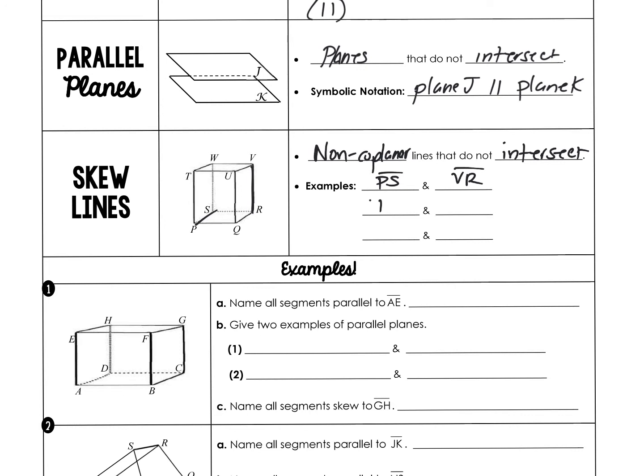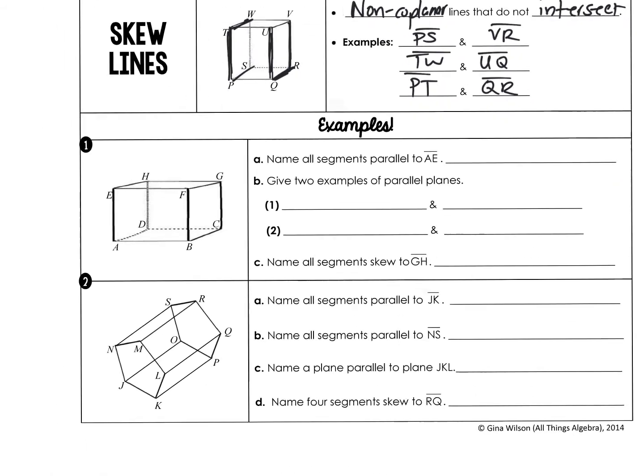TW and UQ. And PT and QR. Okay, those are skew lines.